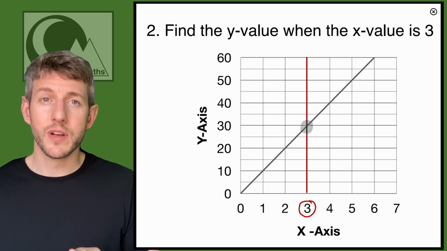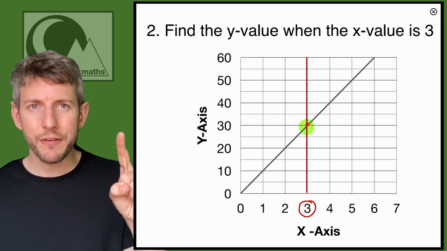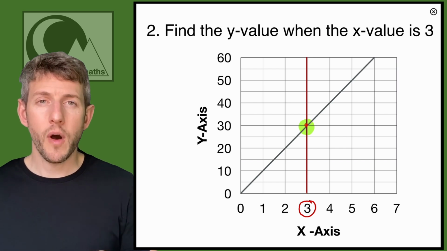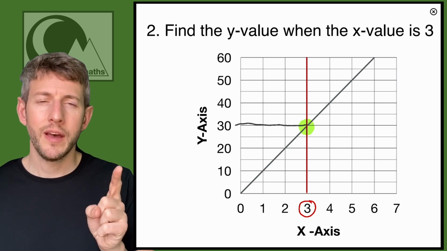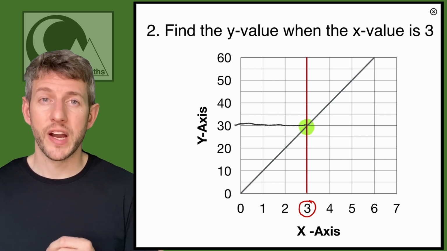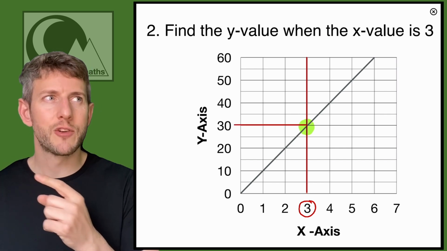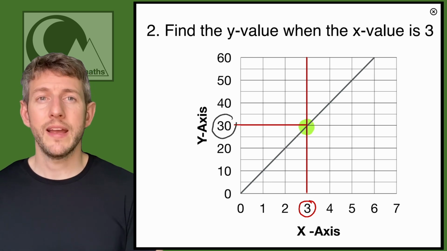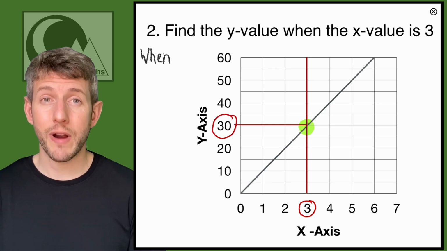But I want to know what the value of y is on our graph when x is 3. So I have to read up, and when I hit the graph, I stop and read across to find out what y is. I can see that y is going to be 30. Okay, so this is how these graphs work.